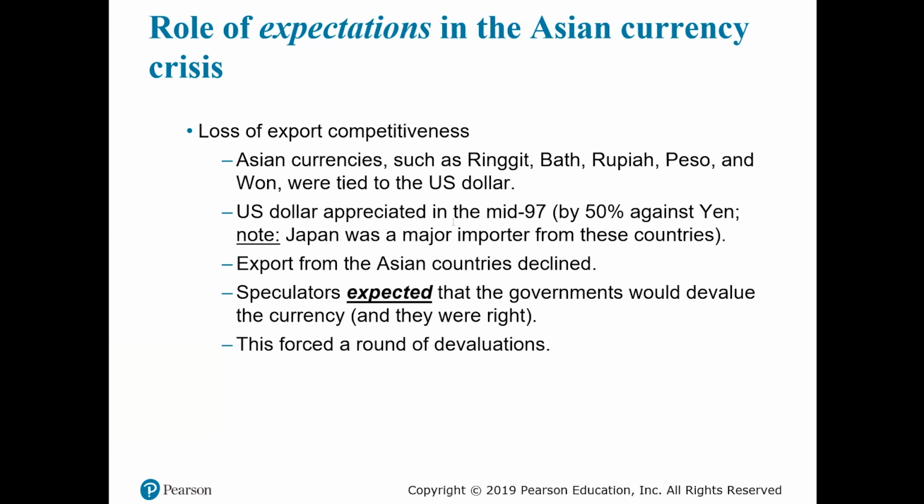On the one hand, their export market shrank. Export from the Asian countries declined. At the same time, speculators expected that the governments would do something to devalue their currency.